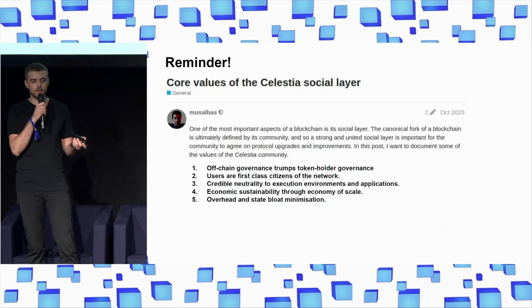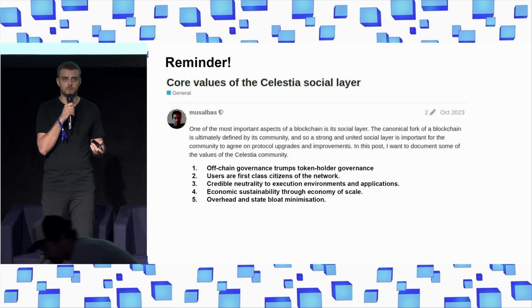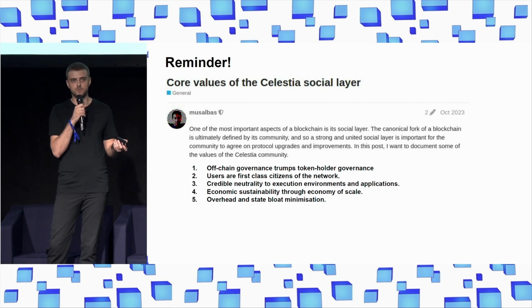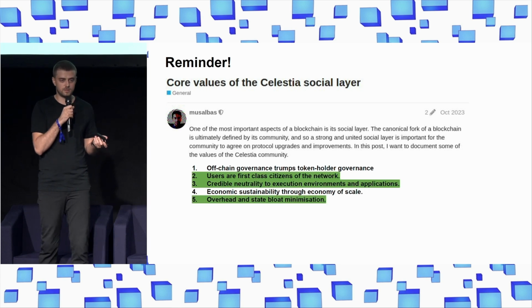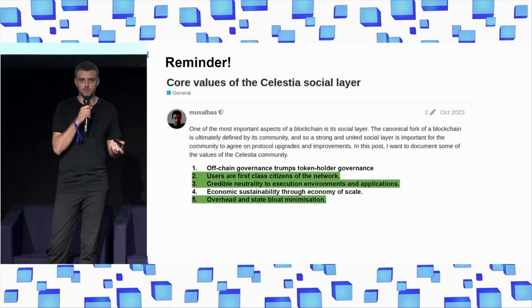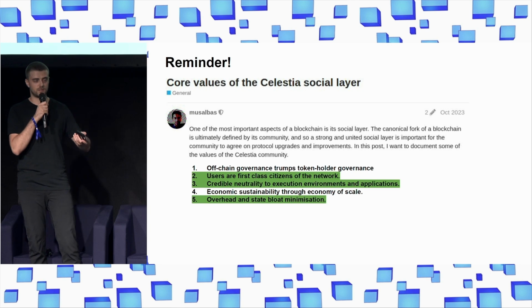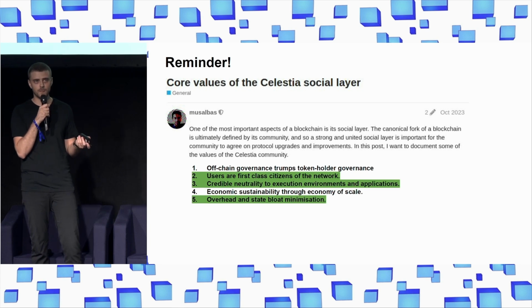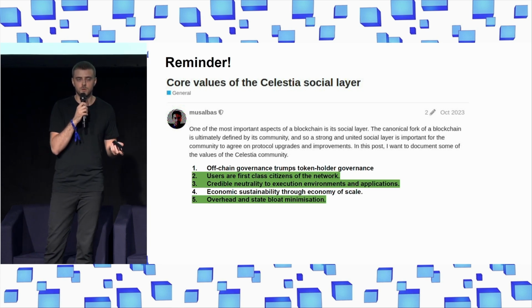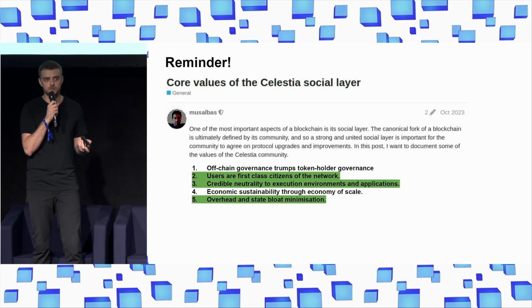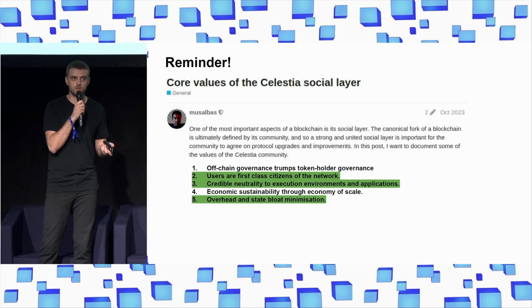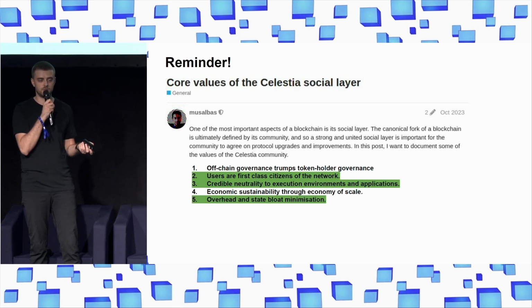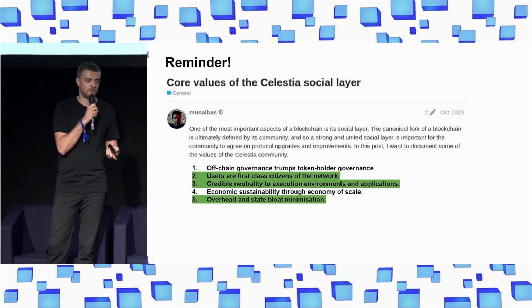And we have to remind ourselves of the core values that we bring into here, right? Especially these three. One, the user is a first-class citizen, which means that what we get by adding ZK accounts is increasing that trust minimization, because you do not have to trust intermediaries, let's say, for bridging.